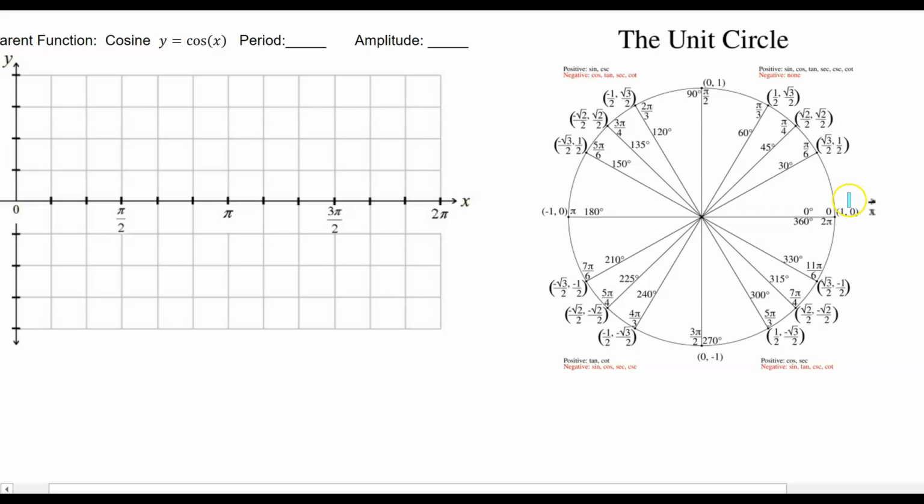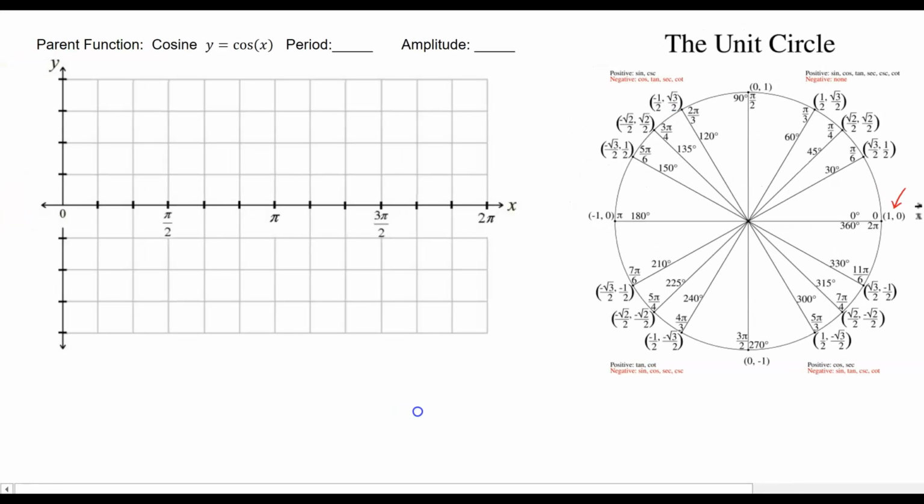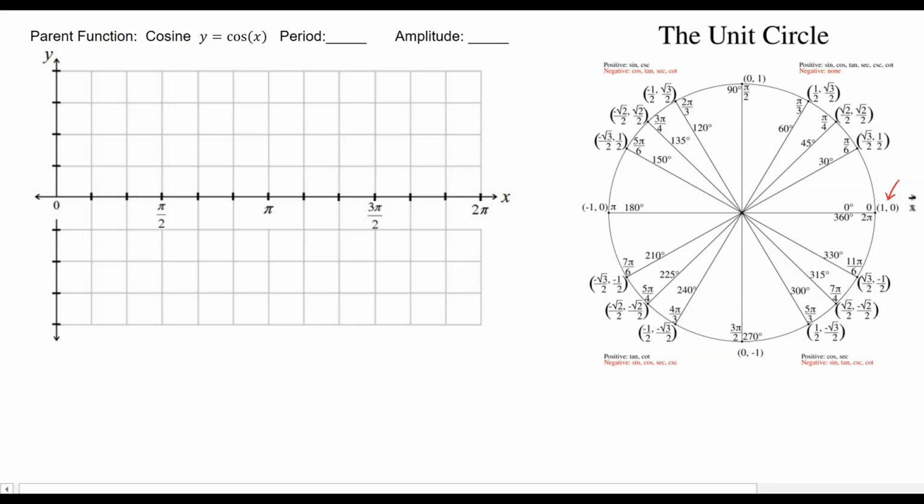At 0 radians, we look and find the x value. The x value at 0 radians corresponds to the value 1. So let's go ahead and first indicate 1 unit up, 1 unit down, that we have 1 and negative 1. And we will begin by putting our point at 1 for 0.